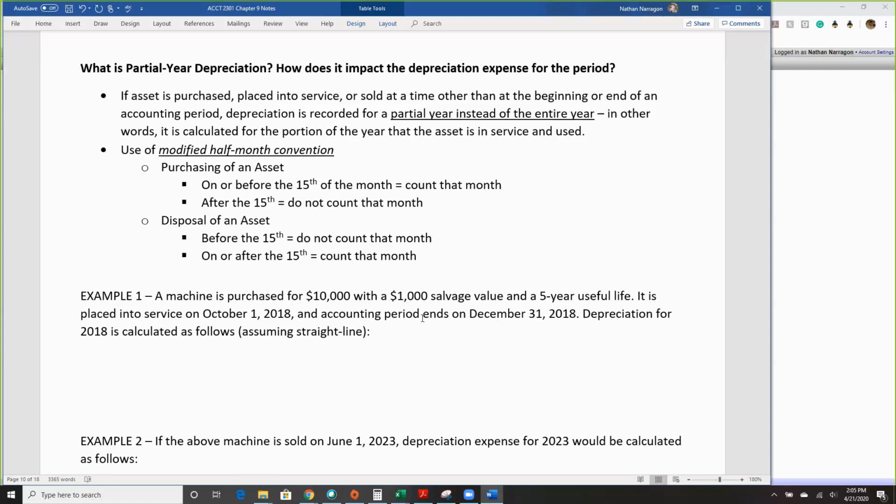We're going to take a machine, example here, and it's purchased for $10,000 with a salvage value of $1,000 and a 5-year useful life. It is placed into service on October 1st, 2018, and the accounting period will end as normal on December 31st, 2018.